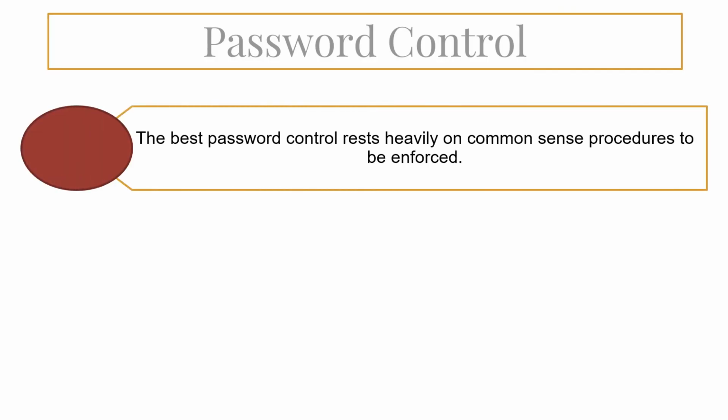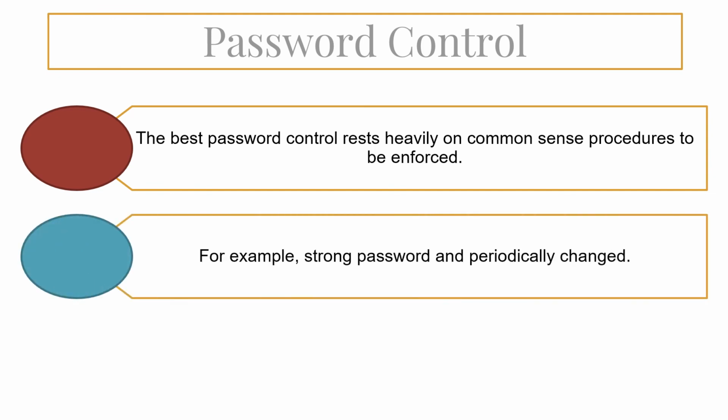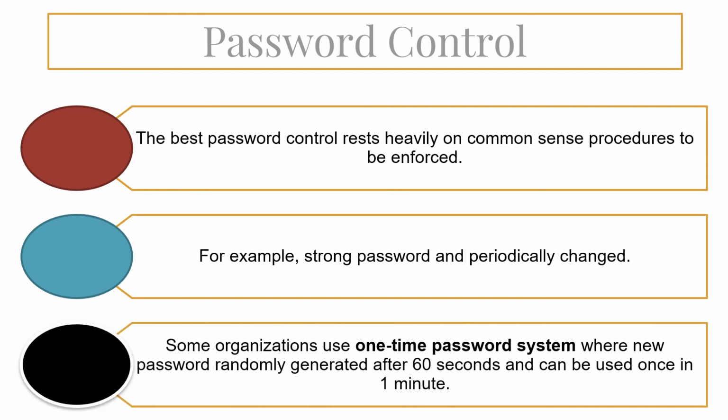The best password control relies heavily on common sense procedures to be enforced, for example, strong passwords and periodically changing procedures for the password. Some organizations use a one-time password system where a new password is randomly generated after 60 seconds and can be used once.